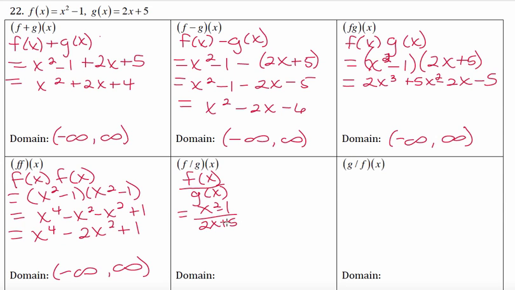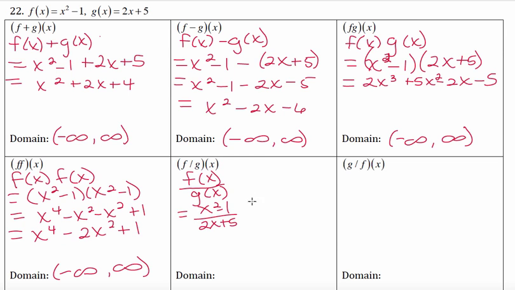You can actually factor your x squared minus 1 into the difference of squares, but if I think ahead and do that, I realize that I will not be able to cancel it out with anything in the denominator, so I'm just going to let that sit just like that. The domain of f divided by g of x is the intersecting domain of f and g, excluding whatever makes your denominator equal to 0.